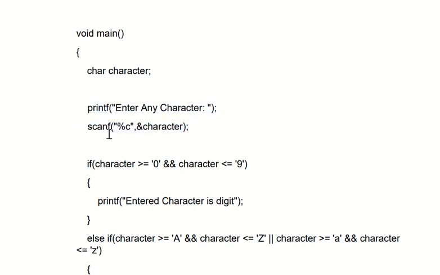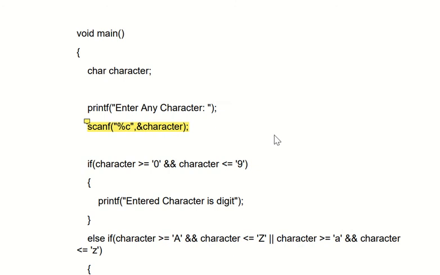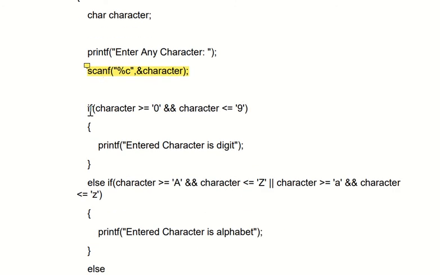Anything, for example, the user has entered A, for example only. Now what will happen: if your character is greater than or equal to 0 and character is less than or equal to 9, which means you entered anything between 0 and 9, then printf: entered character is a digit.